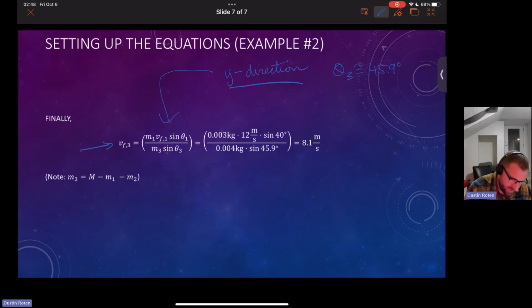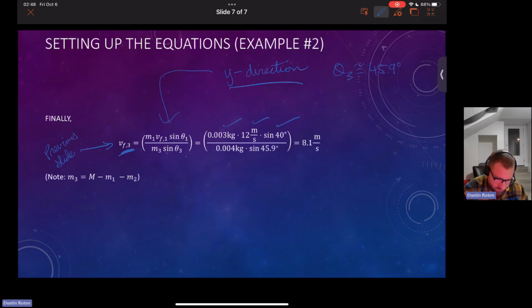So you'll remember this is actually from a previous slide. So this is what we wanted. We wanted this unknown velocity for our third object. Let's make sure we have all the information. We know the mass, we know the velocity, we know the angle of the first object, because that's what we needed, right?